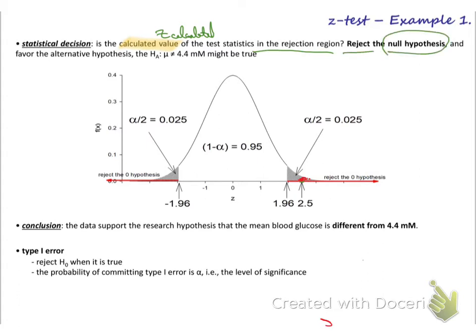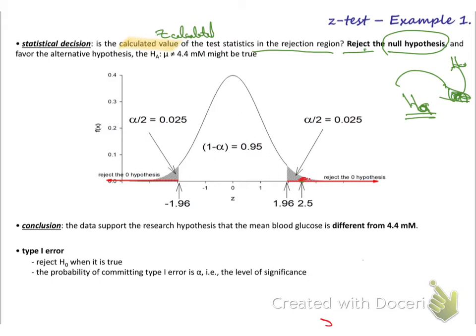We are using H alternative, and if it came within the rejection zone, we reject the null hypothesis. So we are using HA and we reject H naught, so reject the null hypothesis and favor the alternative.